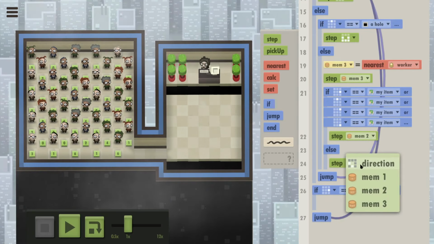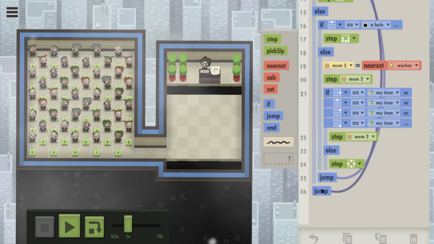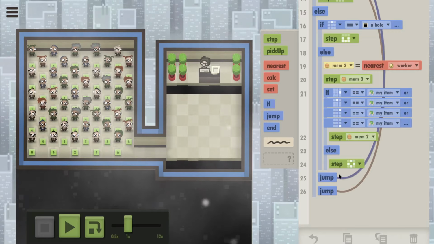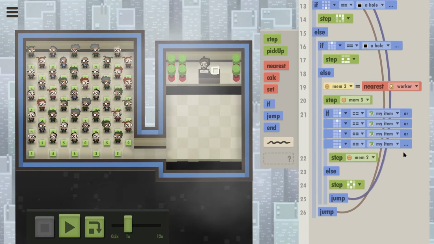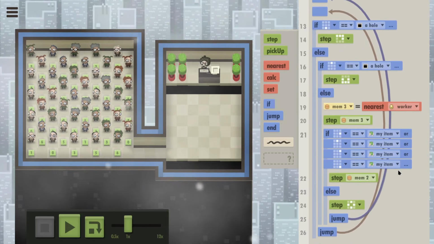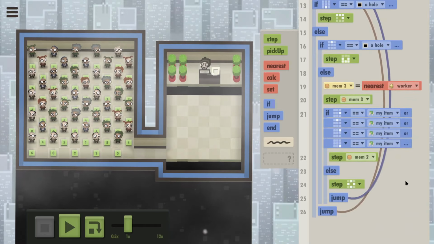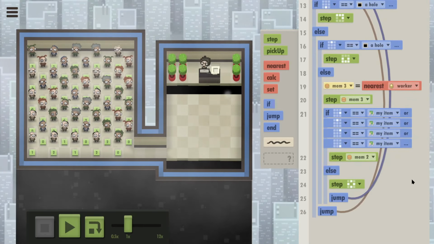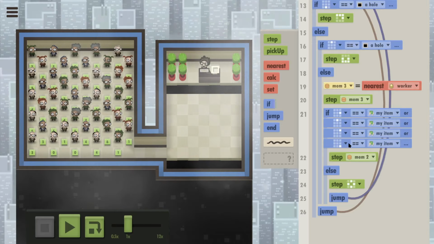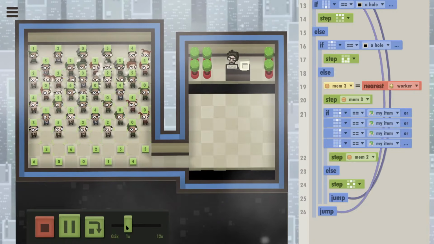Step. Any direction. Jump. Back up there. So hopefully that's saying that both people shouldn't kill themselves in that. They should just go step to each other. And then be satisfied with it.